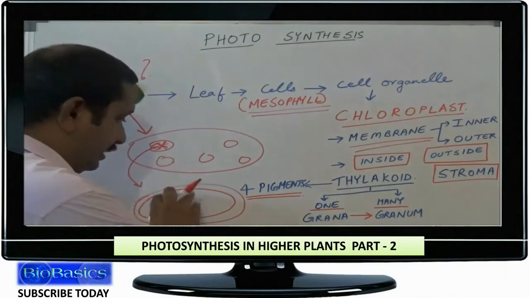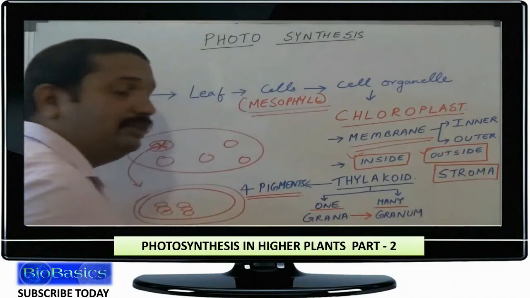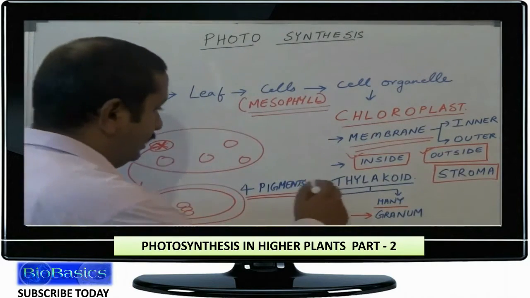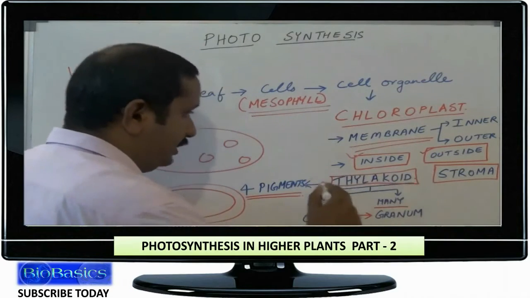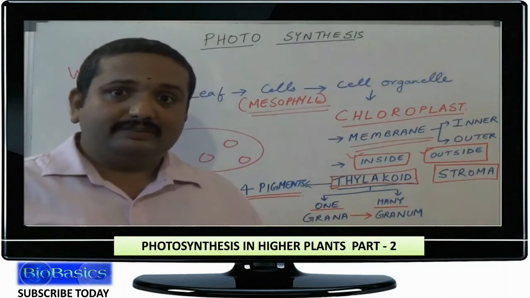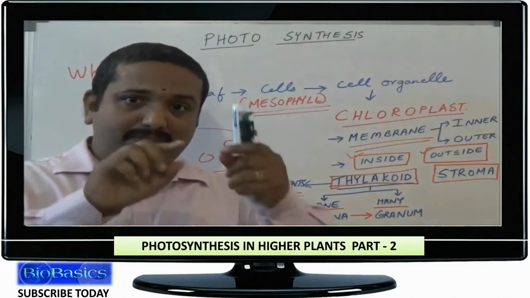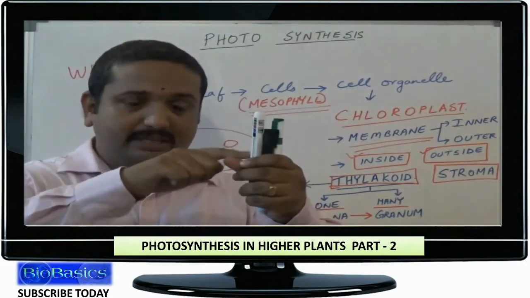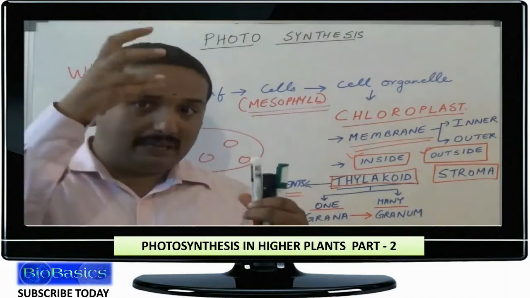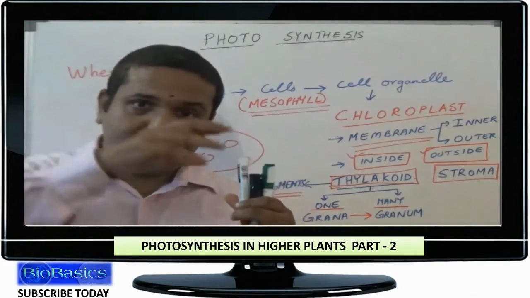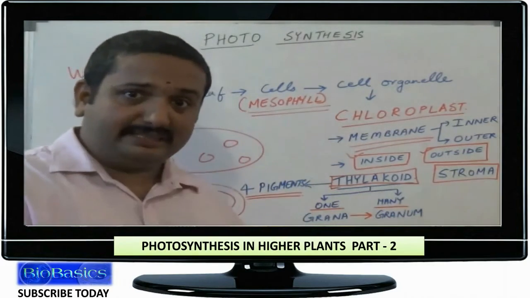And inside the chloroplast, inside, outside, this is an easy way to remember, you have what are called thylakoids. These are specialized structures whose membranes, the outer lining, have specialized pigments which can absorb specific radiations from the sunlight, which we will be seeing in the next step.